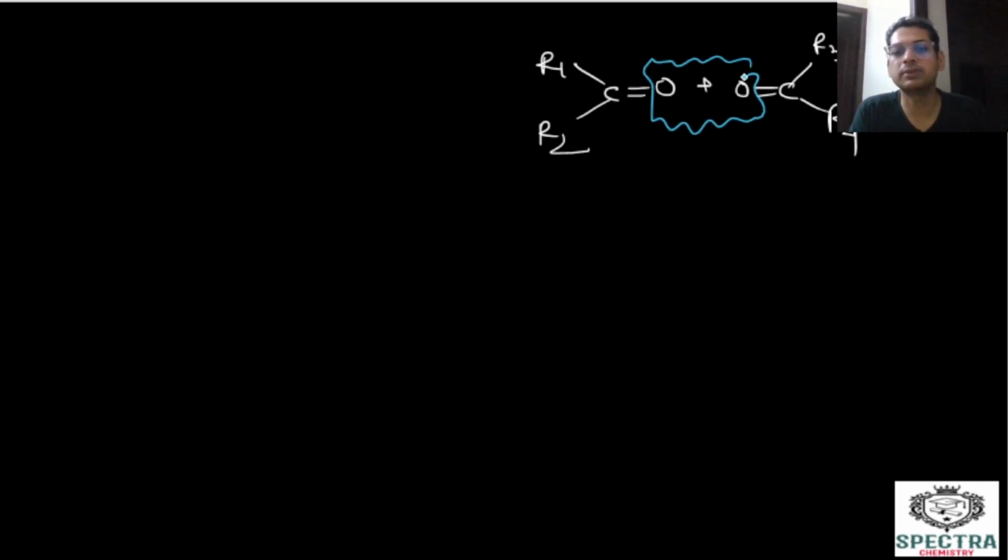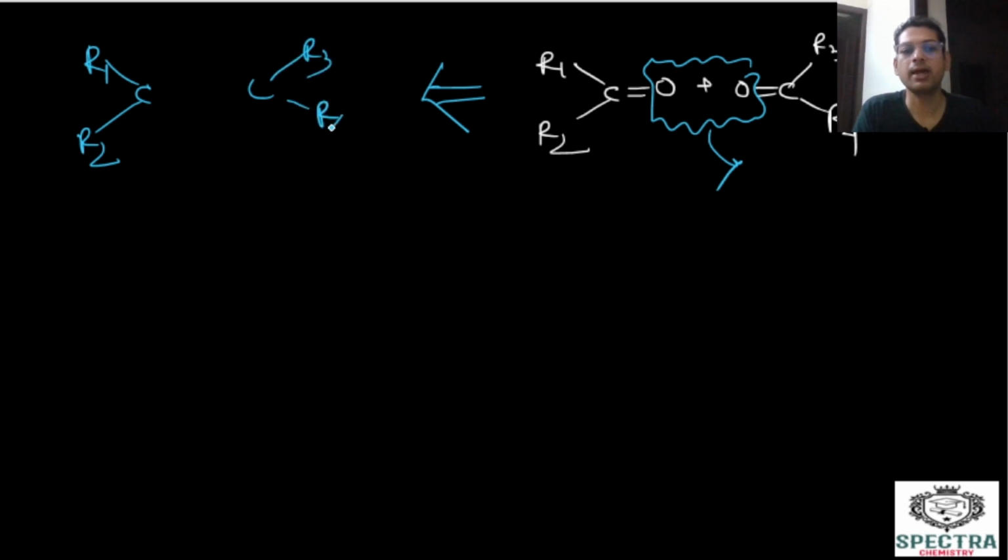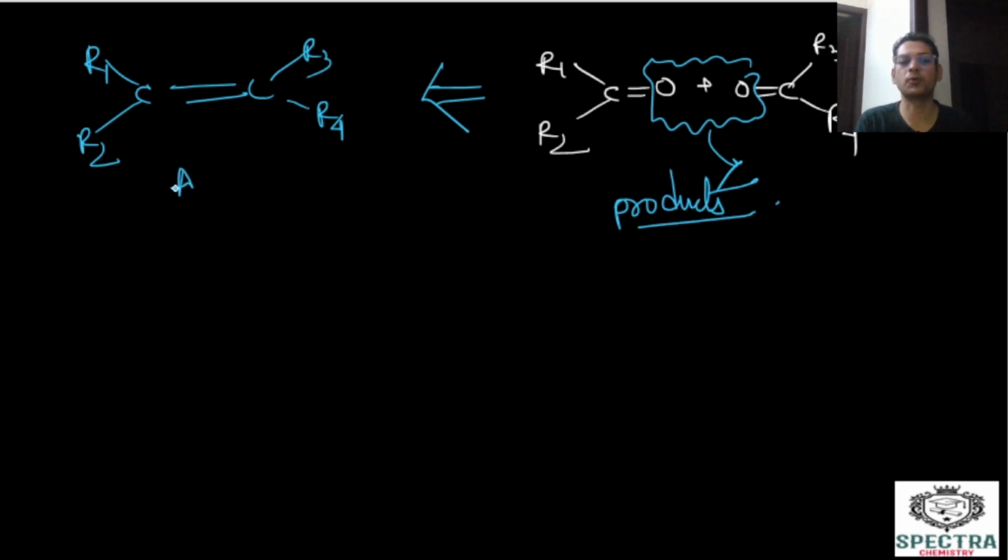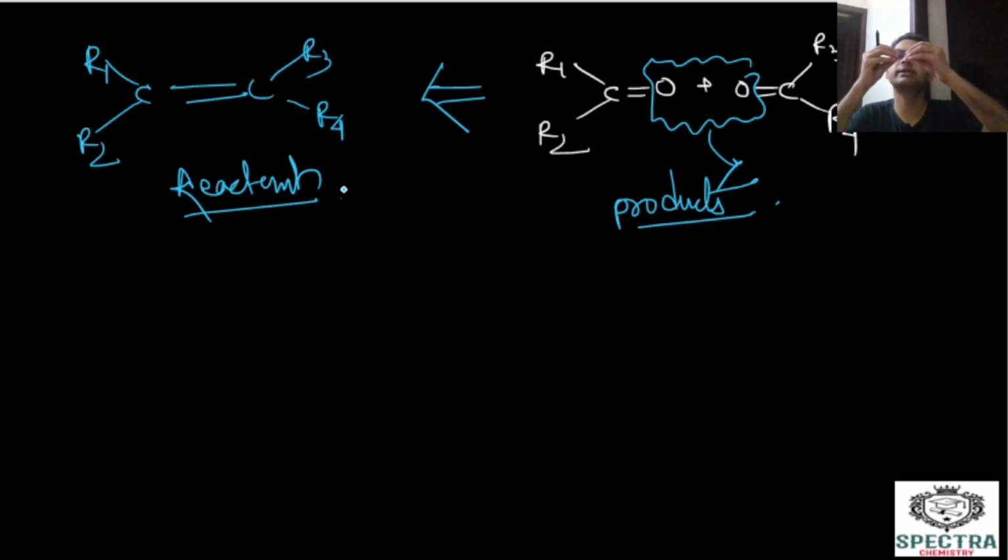Just take both the oxygens out, and then the carbons will make a double bond. You will get R1, R2 C double bond C R3, R4. So if you want to go from products to your reactant alkene, write the two molecules with their oxygen face to face, take the oxygens out, make a double bond, add them, and you will get your alkene. It's that much easier.